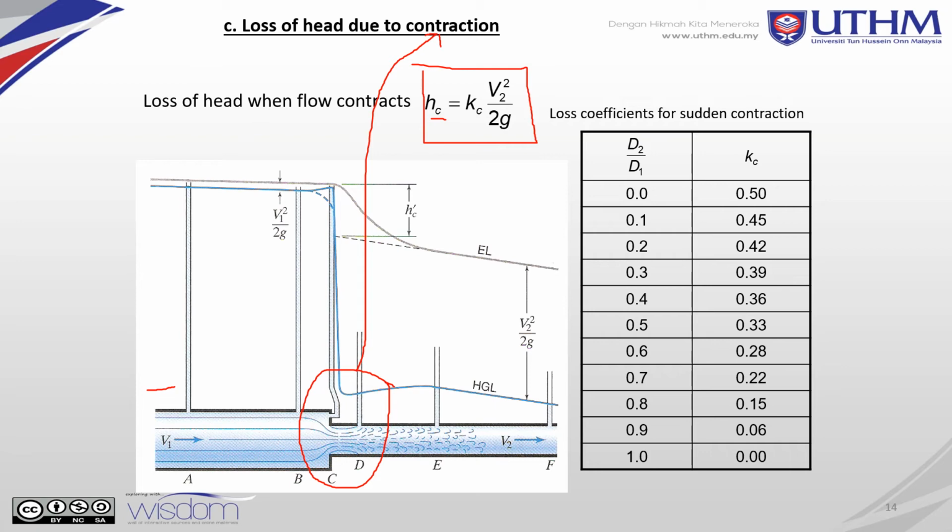Okay, the loss coefficient for sudden contraction depends on D2 over D1, the smaller diameter over the bigger diameter. They give you diameter 2 over diameter 1, and we get KC from this table.